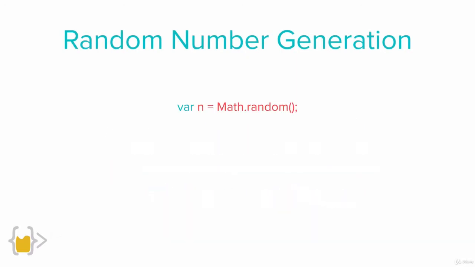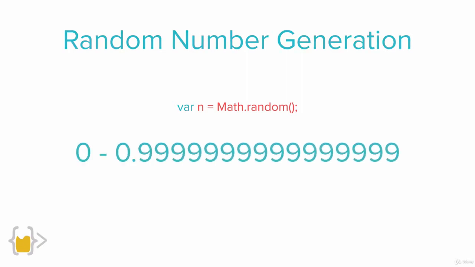It can be any number between 0 and 0.9999999. So essentially, it never reaches 1. The number that you get out, in this case n, will be different every single time you run the code, but it will always be between 0 and 0.9 to 16 decimal places. And it never ever reaches 1.